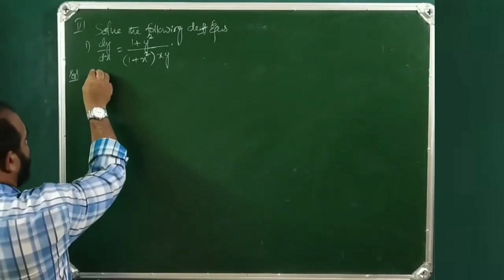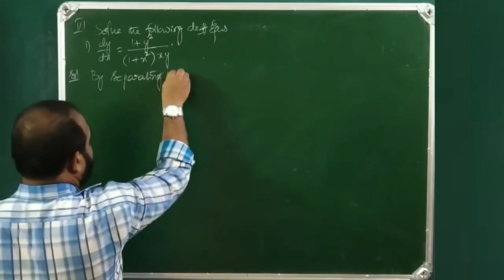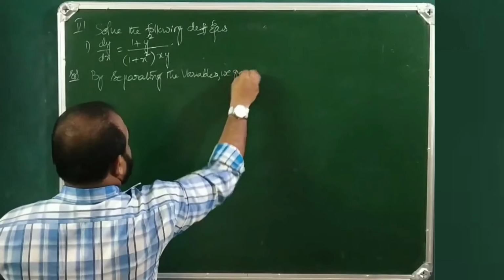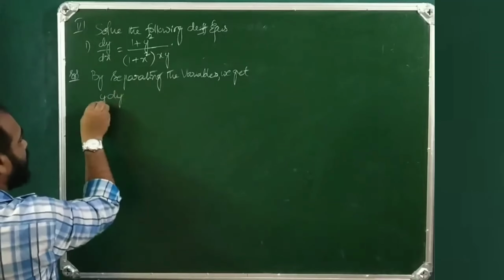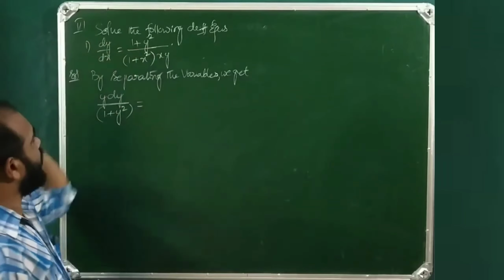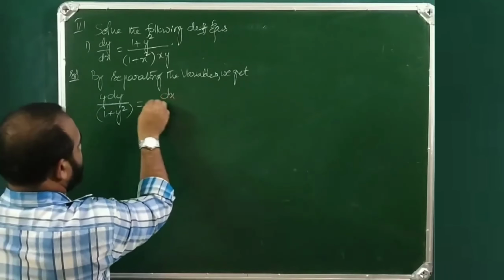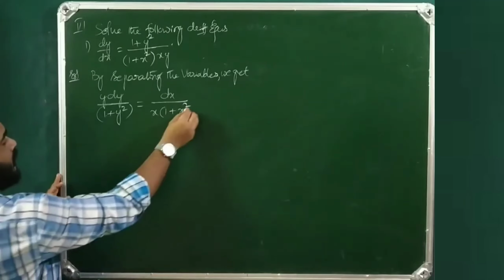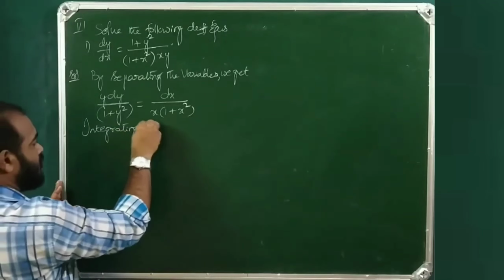By separating the variables, we get, by cross multiplication, y dy by 1 plus y square is equals to dx by x into 1 plus x square. Integrating on both sides.